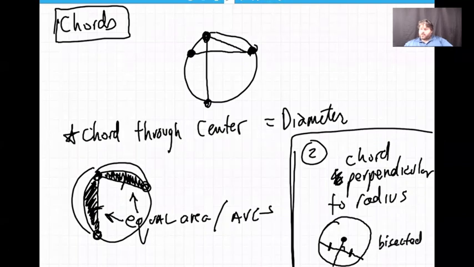That means the left half here and the right half here are the same length. So if you have a chord that's perpendicular to the radius, you know that it's bisected. And the way I've seen it, you can make triangles out of this and start talking about area and things like that. But you just have to know those two little things. There's not a lot on chords, but those two things have popped up in a few places, so it's good to know.